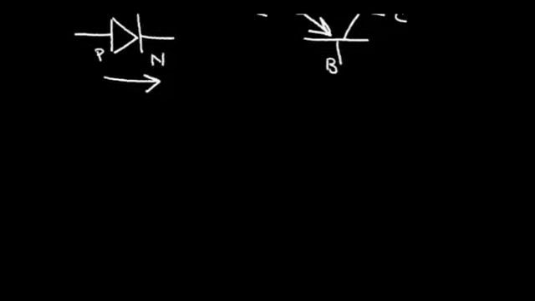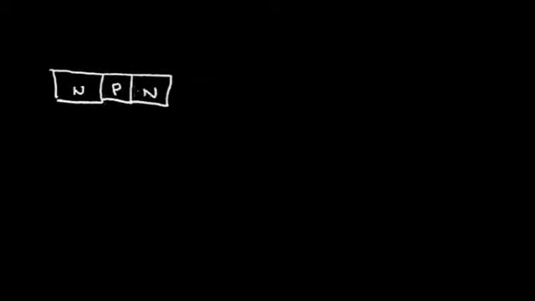Now if we arrange these P and N regions a little differently, for example, if we have an N region that connects to a P region that connects to another N region, we get what we call an NPN transistor, and its symbol looks like this.